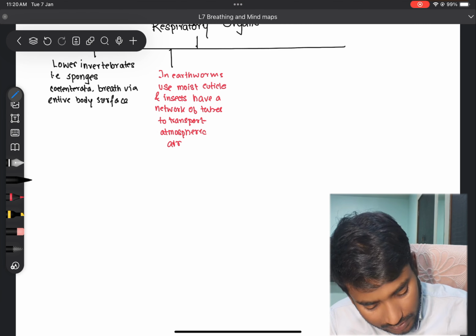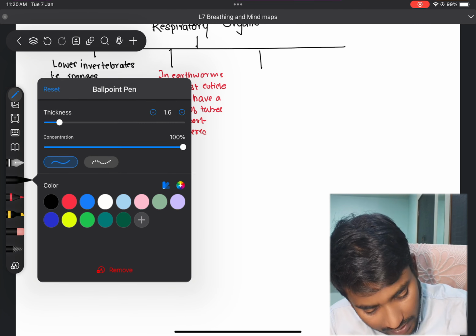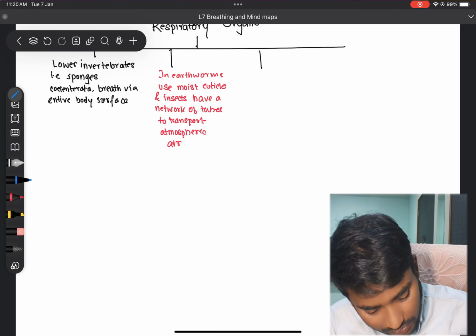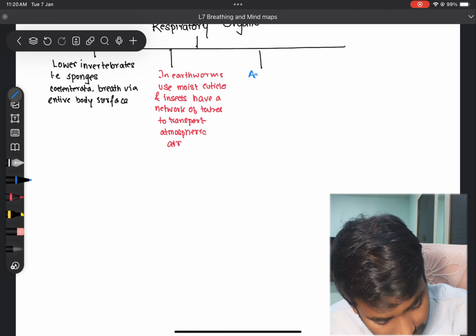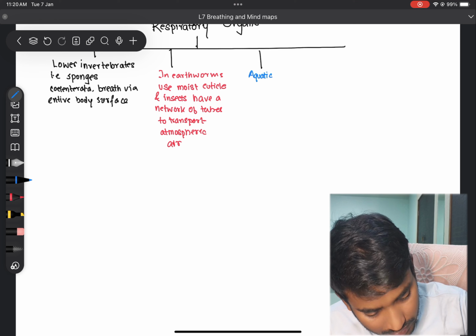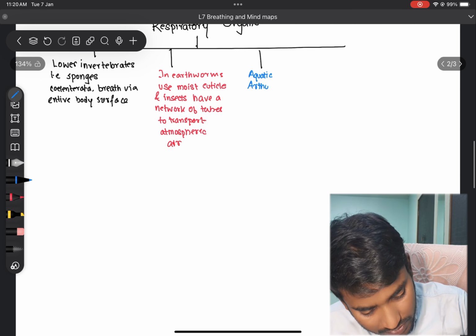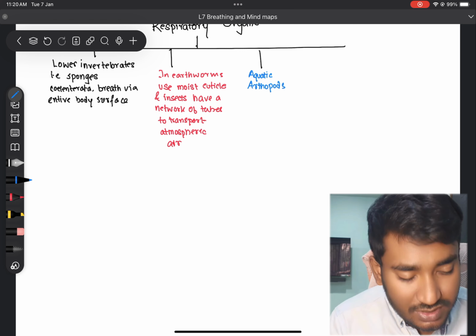Okay, now the next is the aquatic arthropods. What do aquatic arthropods do?